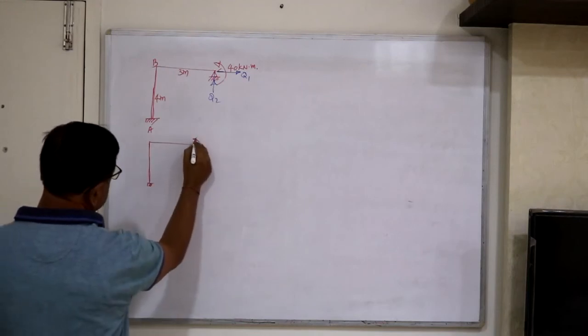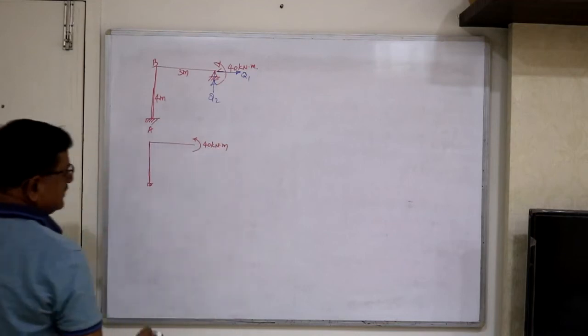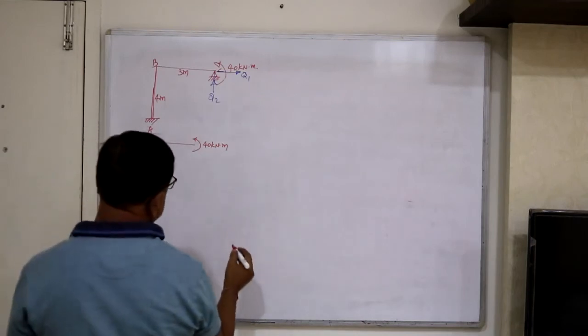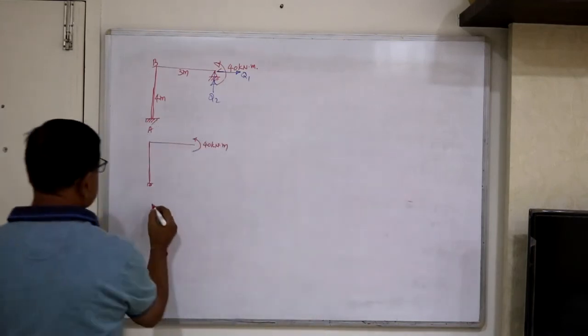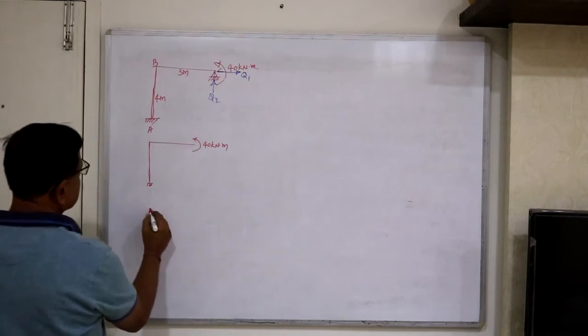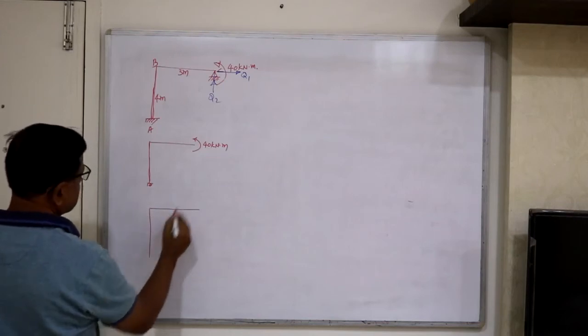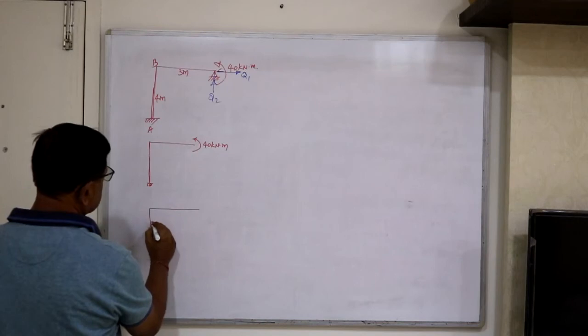Say 40 kilonewton meter. What will be the diagram due to this? I will draw the bending moment diagram here. If this is the reference line, 40 is constant and it produces tension downward.